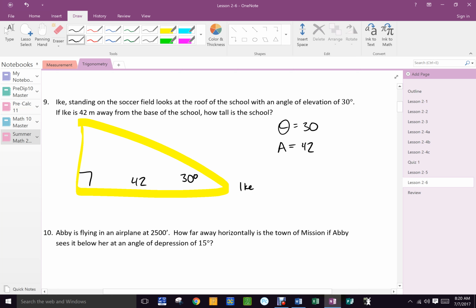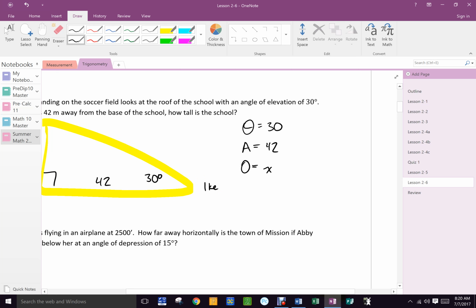Where is height? Is it straight up and down or is it diagonal? Straight up and down. You don't measure my height by making me lean against the wall like this and measure up the wall, do you? No. You measure straight up and down. So I need the opposite, which in this case is an unknown.